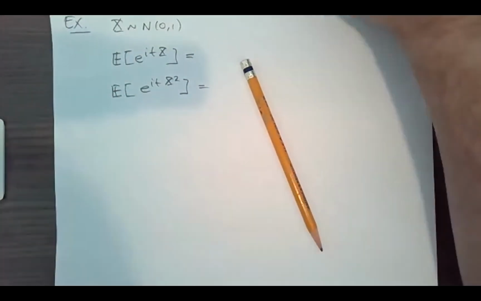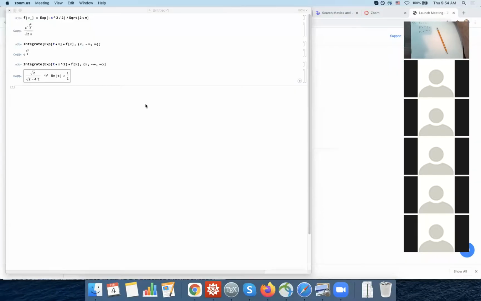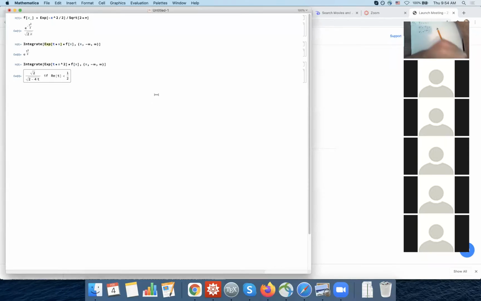Well, one thing we can do is go back to Mathematica and see what Mathematica says. If I put in a capital I, which is the one you need for Mathematica, for the imaginary part, you see the change: instead of a plus sign, I get a minus sign up here.